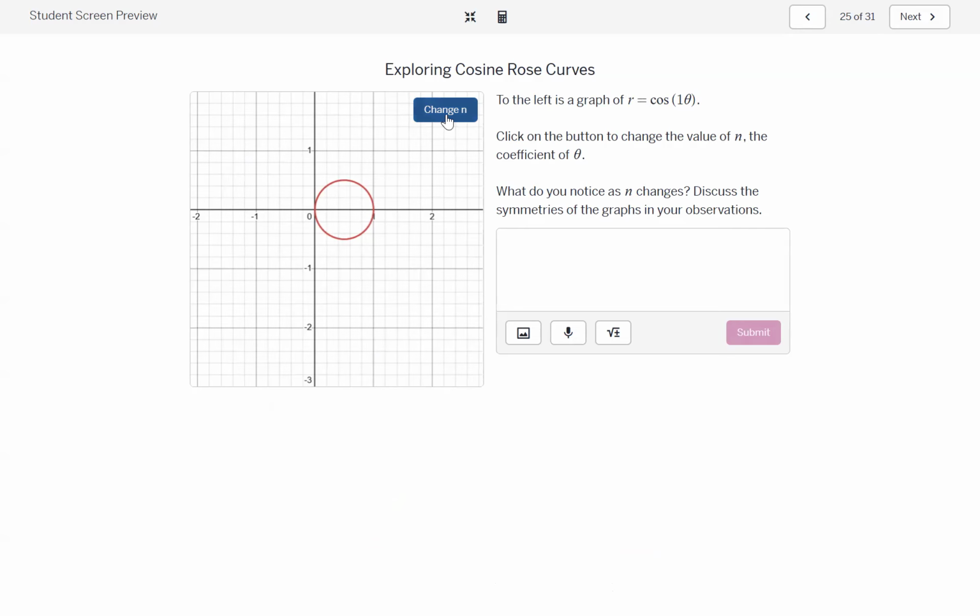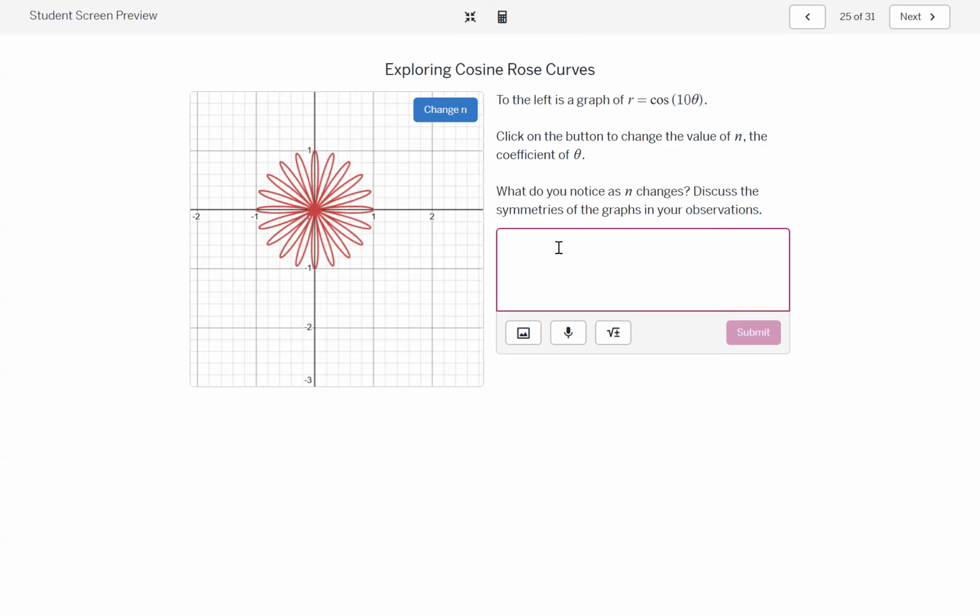And then there's a button to change n. So now I have cosine 2 theta, 3 theta, 4 theta, 5 theta, 6 theta, 7, 8, 9, 10. And 10 has 20 petals. So as n changes, we get more petals.